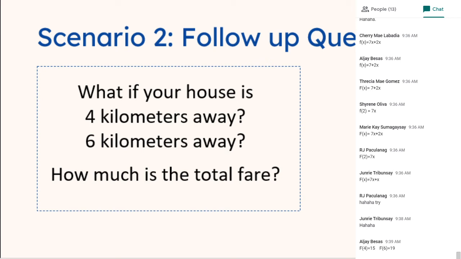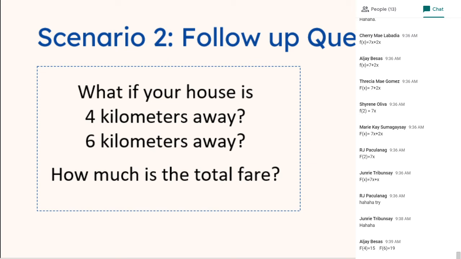Again, we have two formulas. M of x equals 12x if x is less than or equal to 5. And m of x equals 10x if x is greater than 5. These two formulas can be combined into one formula. Kaintindi?